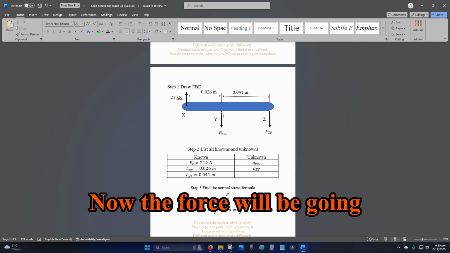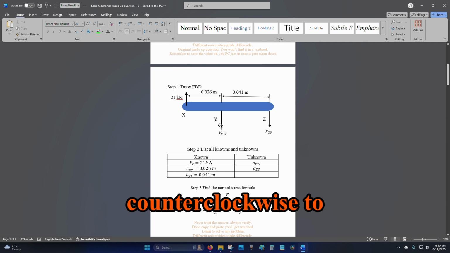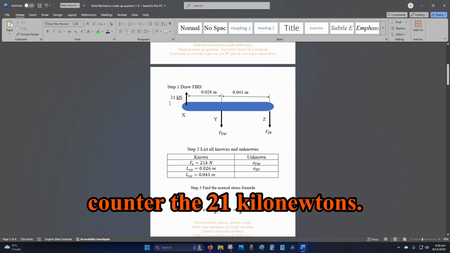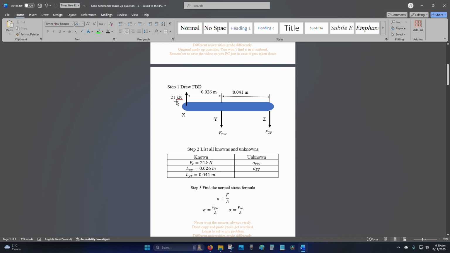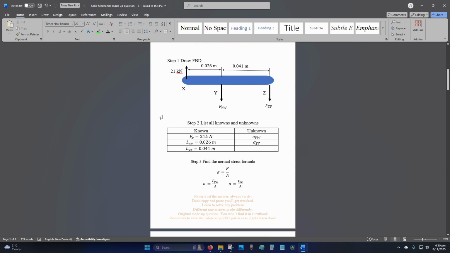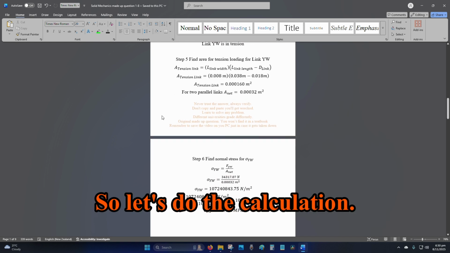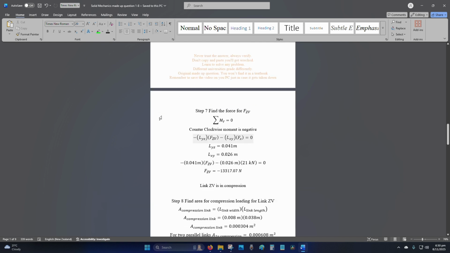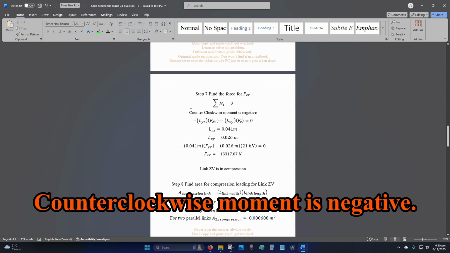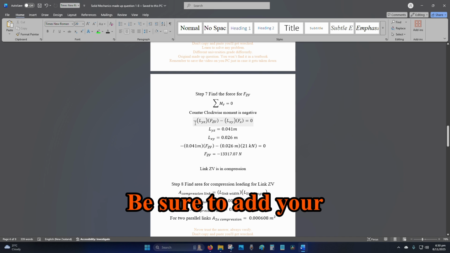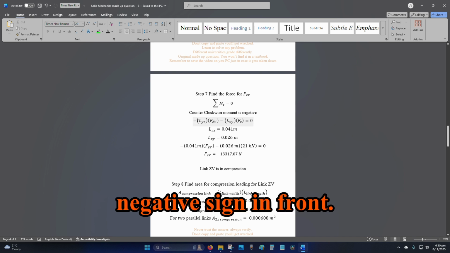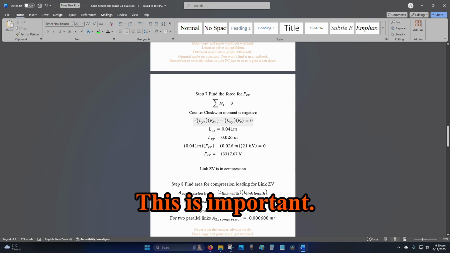The force will be going counterclockwise to counter the 21 kilonewtons. So let's do the calculation. Counterclockwise moment is negative. Be sure to add your negative sign in front. This is important.